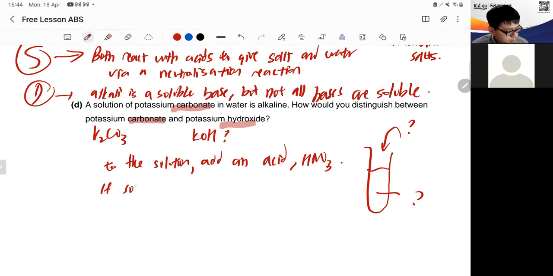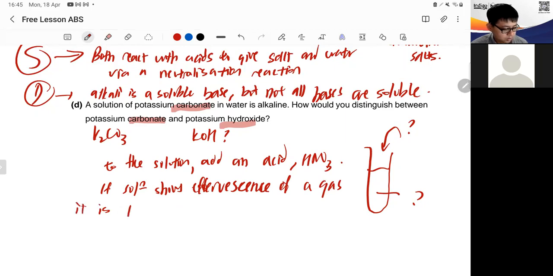If the solution shows effervescence of a gas, it is probably this, because only carbonates can react with acids to produce CO2. If nothing happens, then it is not potassium carbonate.